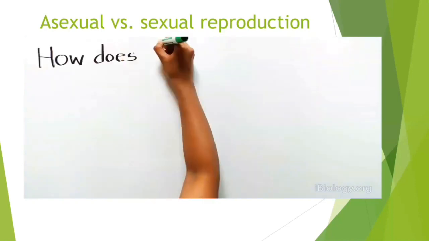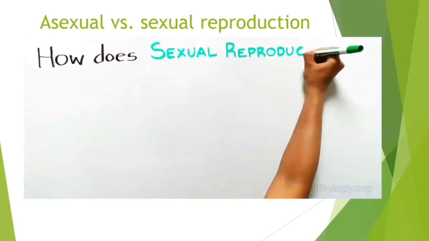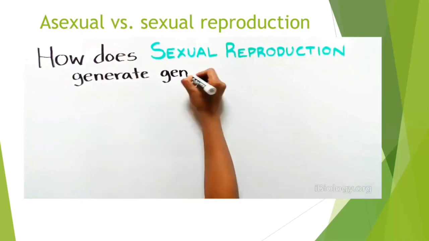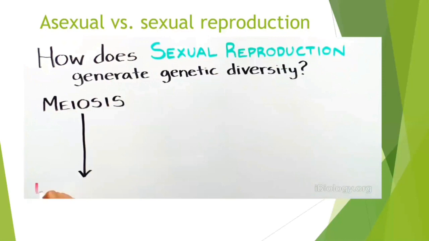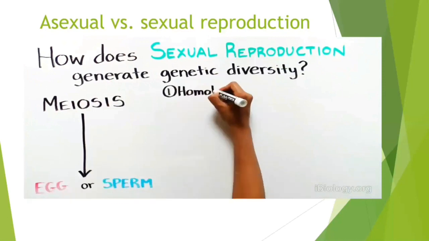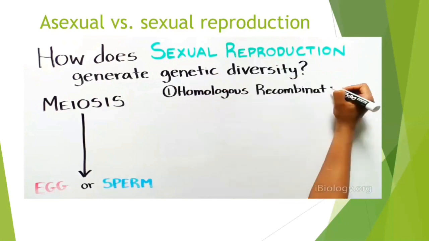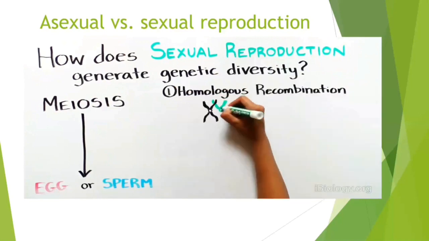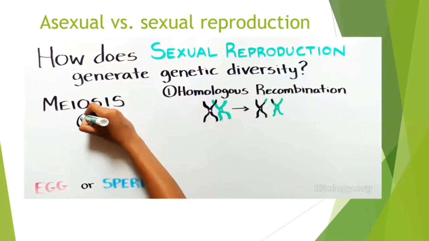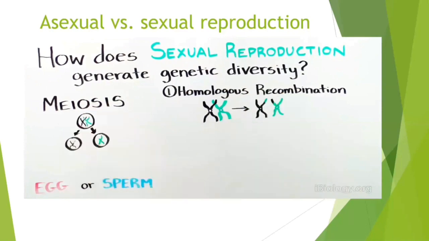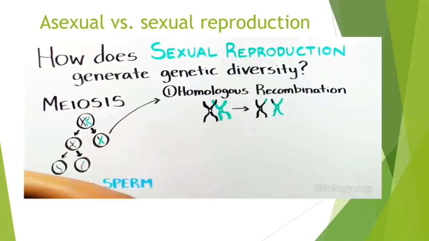We have been talking about genetic diversity, but how does sexual reproduction generate this diversity in the first place? During meiosis, which produces the sperm and the egg needed for sexual reproduction, there are two key steps that produce genetic diversity. First is recombination between homologous chromosomes. Recombination mixes maternal and paternal alleles and results in novel gene combinations on each chromosome in each generation.